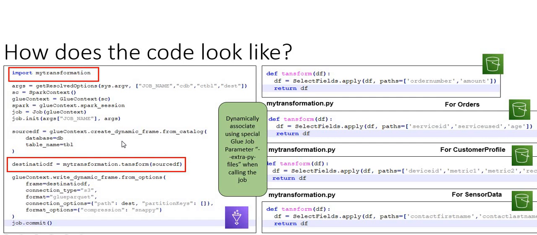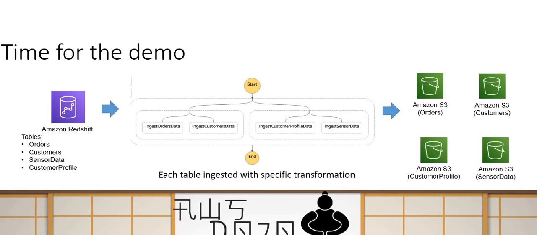I'm going to show it in a demo, so you will see this in action. It will probably make more sense. So what we are going to do in the demo is use the same pipeline I used for the previous tutorials. I have a Redshift database where I've got 4 tables.